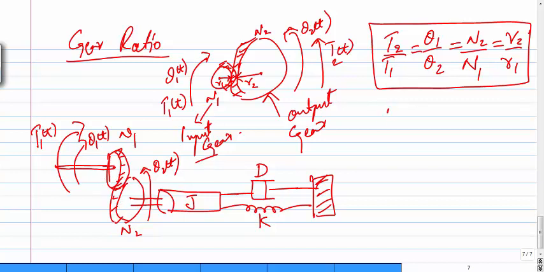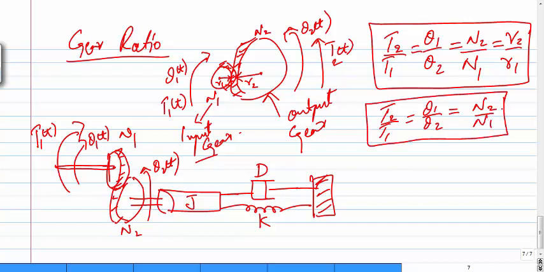We know that torque 2 divided by torque 1 is equal to theta 1 divided by theta 2, or in other words, that is equal to N2 divided by N1. So we can use these relations and convert theta 1 directly here, because the output is lying with the load. So we just want to do it.